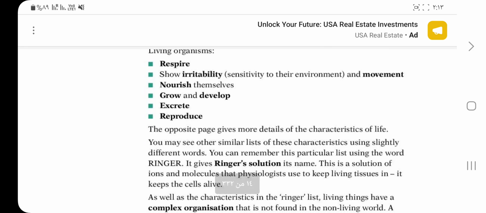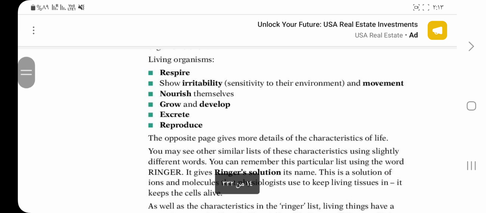The first characteristic that living organisms have is respiration. So living organisms respire, show irritability. What's irritability? It's a sensitivity to their environment and movement. They also nourish themselves, grow and develop, excrete, and reproduce.